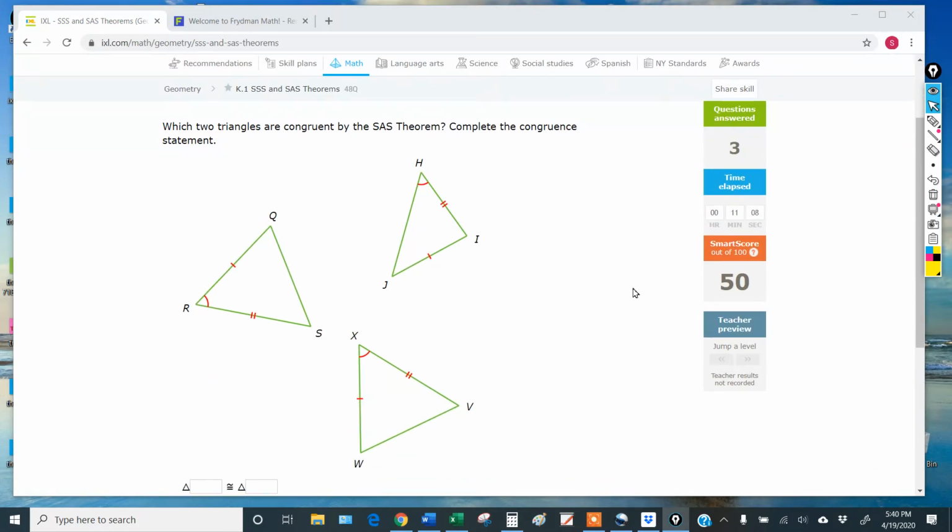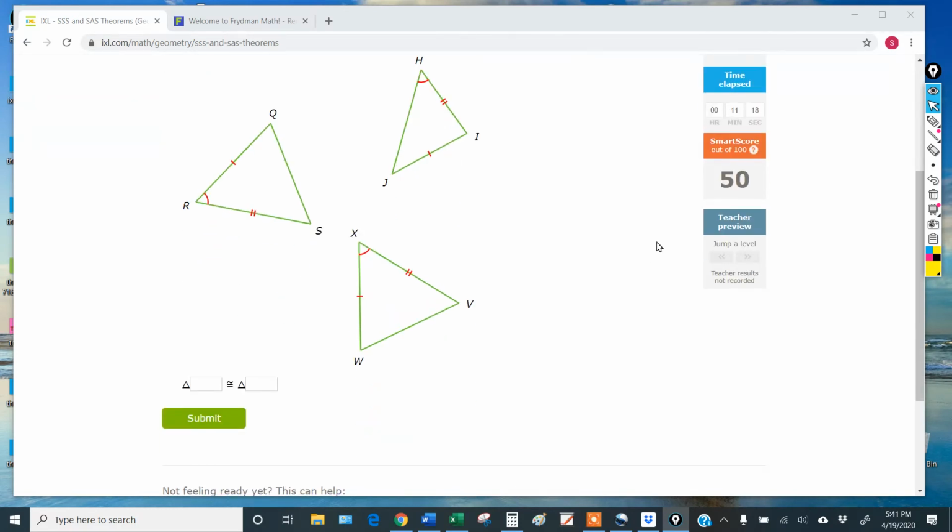Next question, which two triangles are congruent by the SAS theorem? Again, it's important to realize that in this triangle here, this angle is between this side and this side.